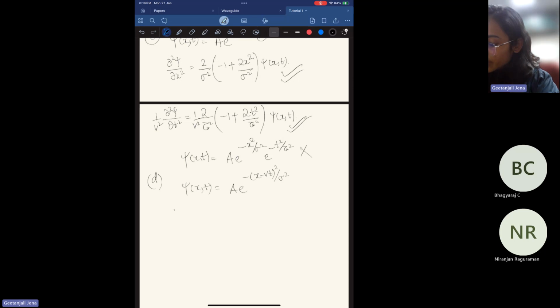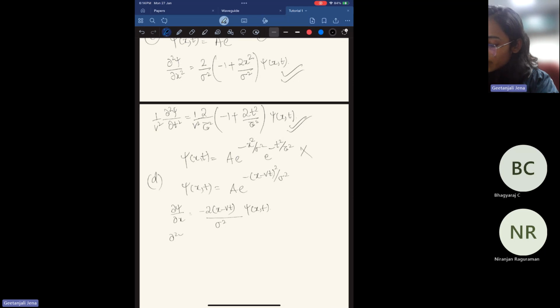Now if you take the derivative with respect to x, this is nothing but minus 2 x minus vt by sigma square psi of x,t.